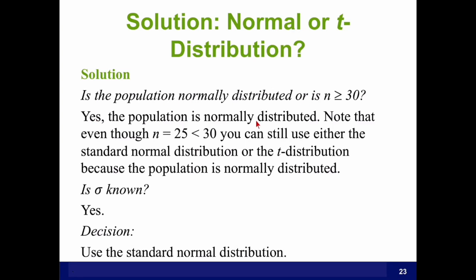Note that even though the sample size is less than 30, you can still use either the standard normal or the t-distribution because the population is normally distributed. How do we know which one to use? We need to answer the next question. Is sigma known? Yes. Then use the standard normal distribution and all the theory that we learned in section 6.1.